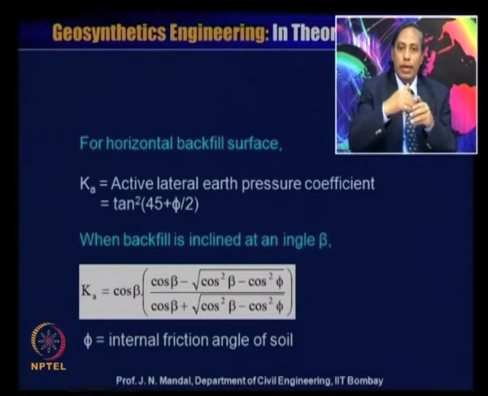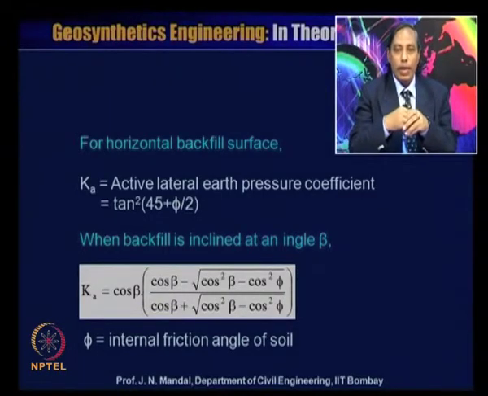When the backfill is inclined at an angle beta, then you have to adopt this equation, that is Ka is equal to cos beta, bracket cos beta minus root of cos square beta minus cos square phi, divided by cos beta plus root of cos square beta minus cos square phi, bracket complete, where phi is the internal friction angle of the soil and beta is the angle at which the backfill is inclined.